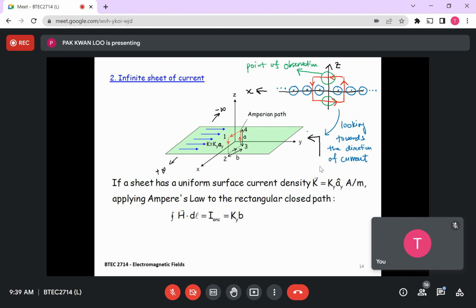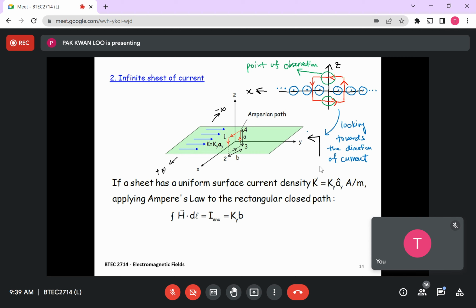Now, how do we determine the direction of the magnetic field? Again, use your right hand rule. The path direction also follows the right hand rule. Since this is a flat surface, the path geometry must be allowed with some symmetrical property.